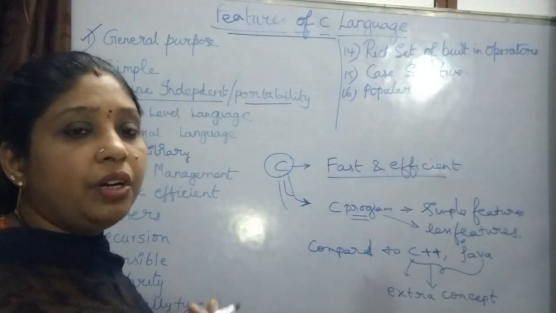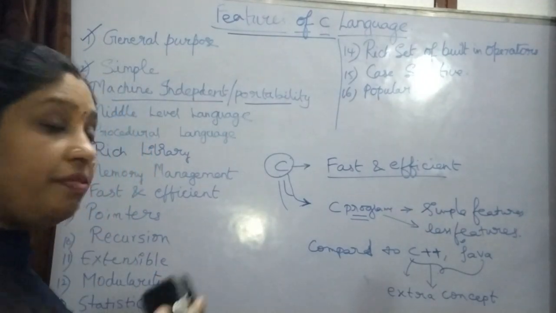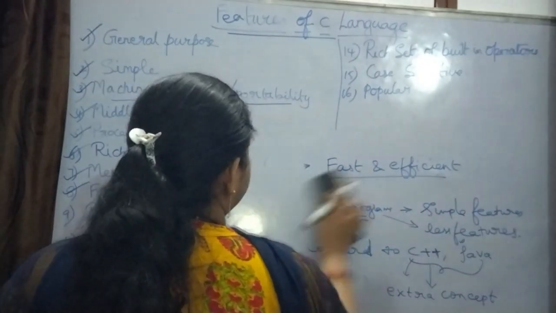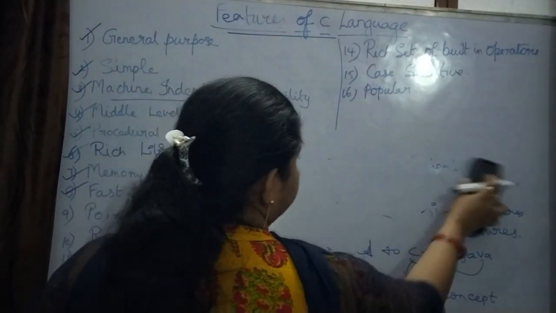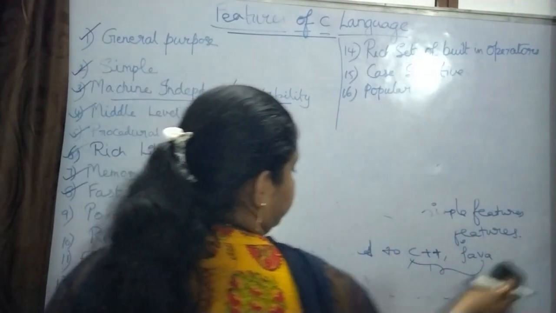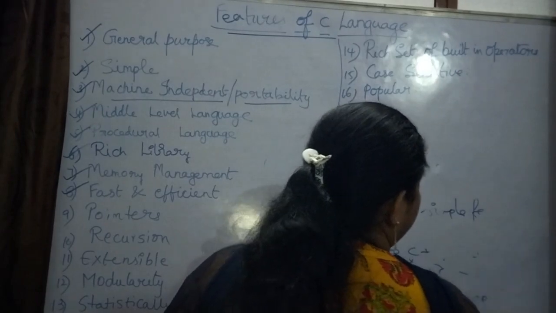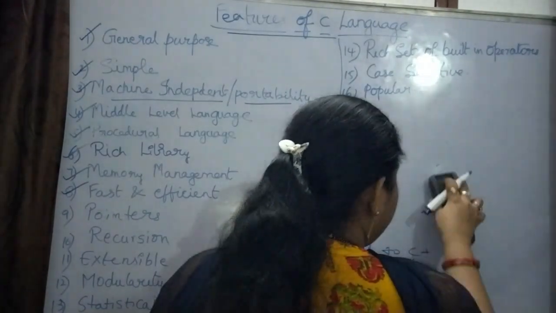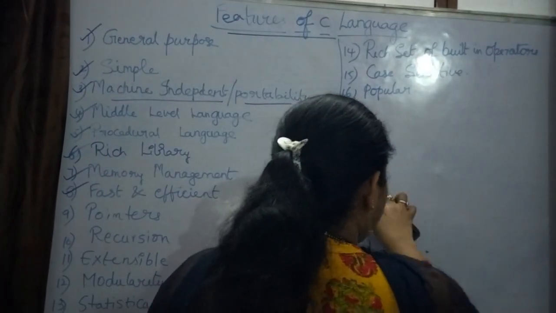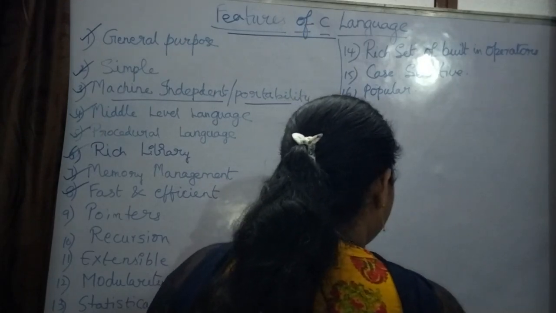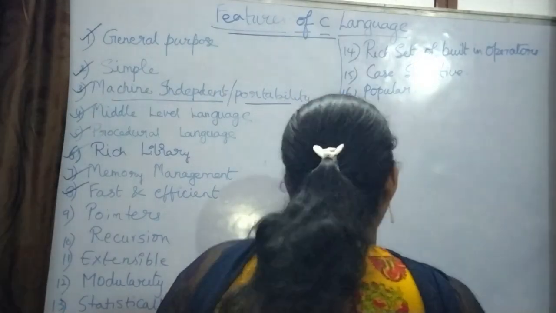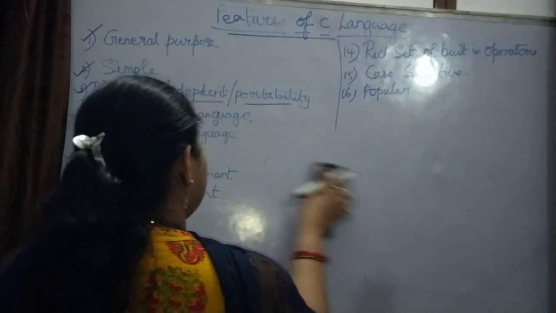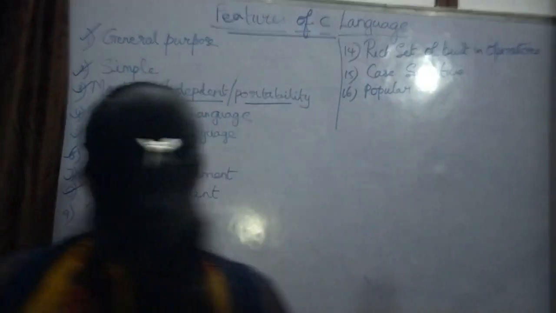C programs work very fast because of fewer features. If there are many features, it has to check all of them, and during execution it executes all those features. That's why it takes more time there, and here it takes less time.